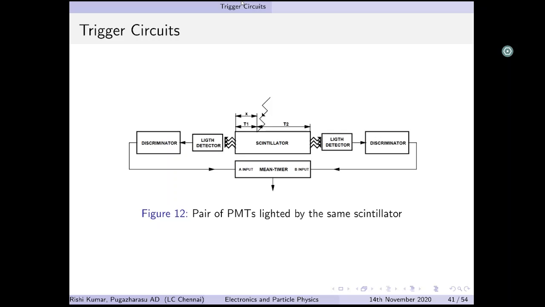And the mean timer usually uses photodetectors, where you have the same scintillator going to different photodetectors, and it can be used to calculate the point of incidence of the particle on the scintillators, because its output is basically proportional to the mean arrival time between the two input pulses.